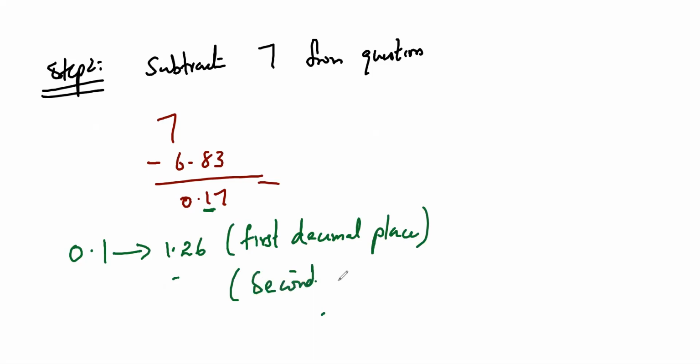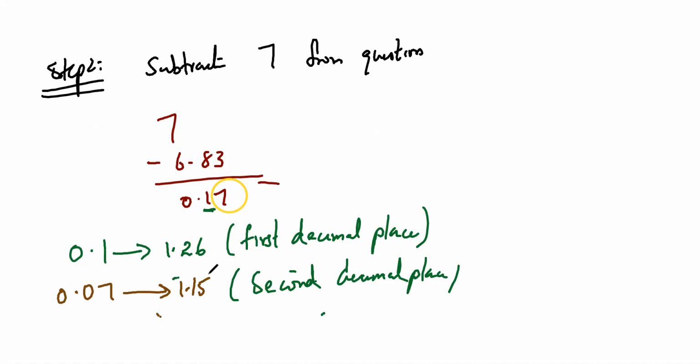The second decimal place value is 7, which is 0.07, and that value is 1.15.